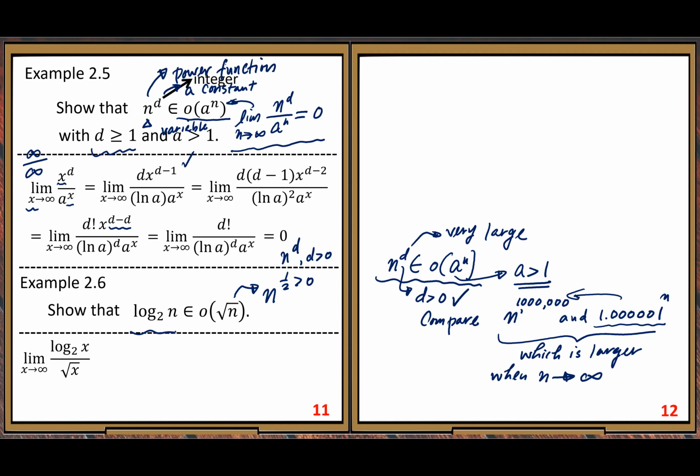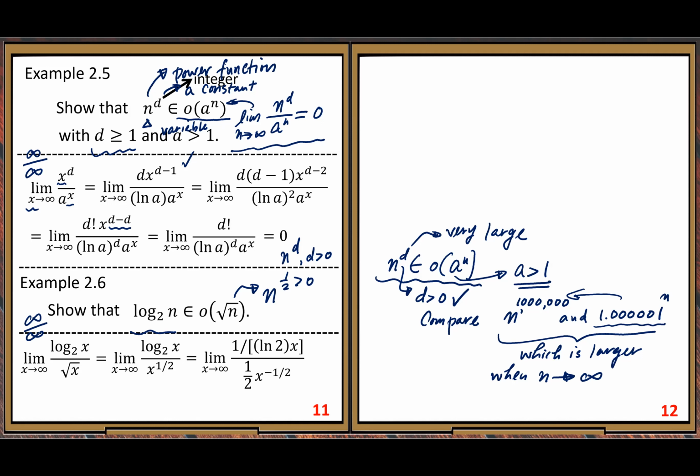We still apply L'Hopital's rule, so we switch to the continuous variable x. We take derivatives because we know it's an infinity over infinity indeterminate form, so it's legal to apply L'Hopital's rule. After the derivative, the numerator is the reciprocal, but you need to multiply by the natural log of 2.